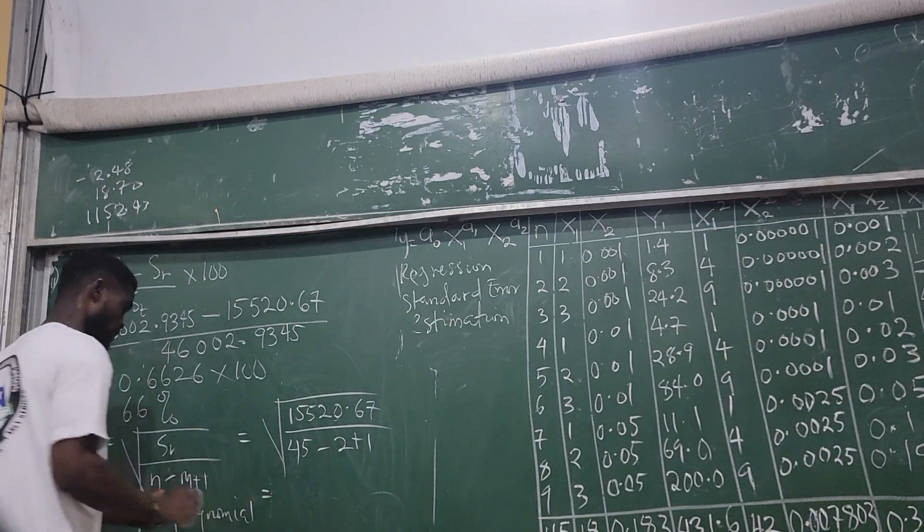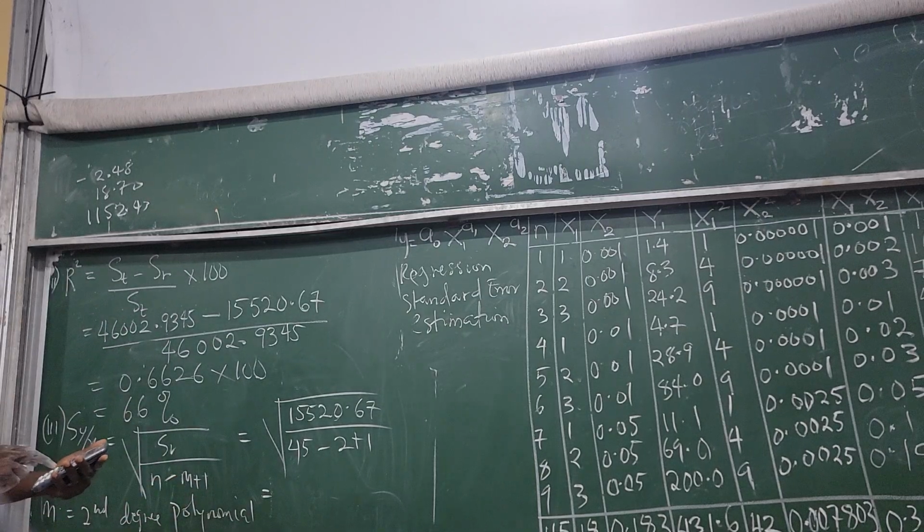So we have this. So let me punch calculator. We have a square root of in fraction 15520.67 divided by 45 minus 3, that is 3.